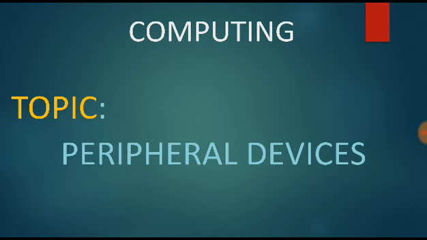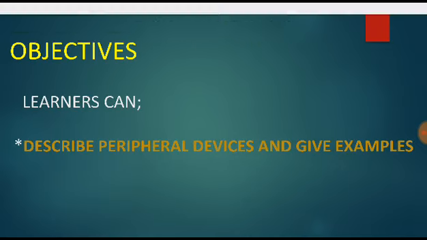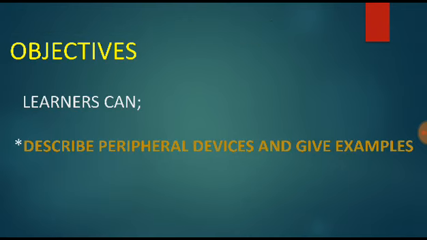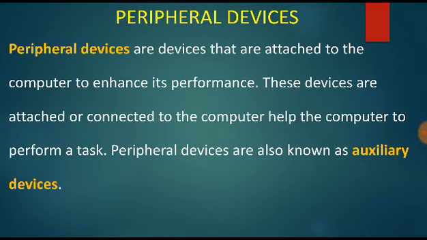We'll see what peripheral devices are and how they work or what they are being used for. So at the end of this lesson, you should be familiar with peripheral devices and you should be able to give examples of devices that are classified as peripheral devices.